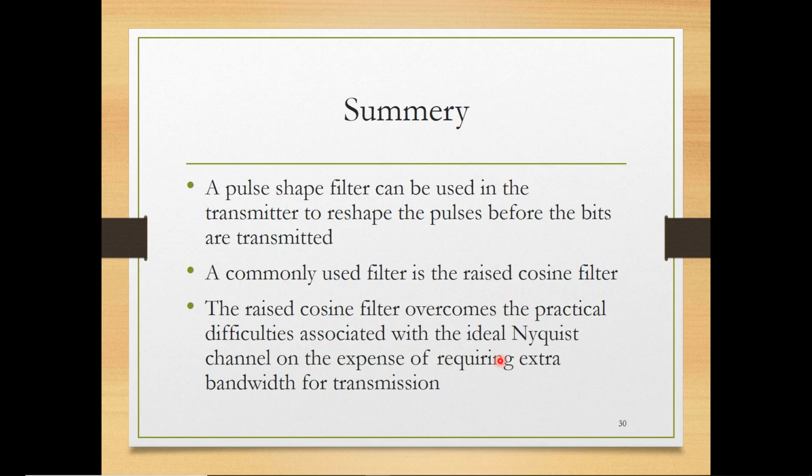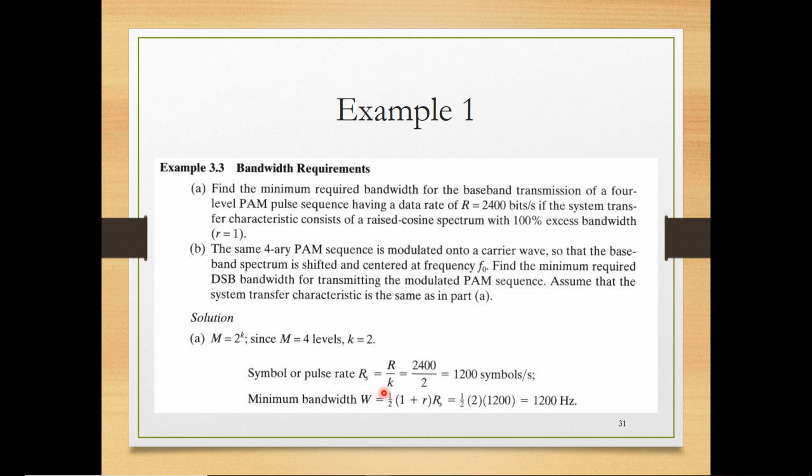The raised cosine filter overcomes the practical difficulties associated with the ideal Nyquist channel at the expense of requiring extra bandwidth for transmission. This is the price you pay. Is this advantage coming for free? You pay a price, which is the bandwidth, which is money.